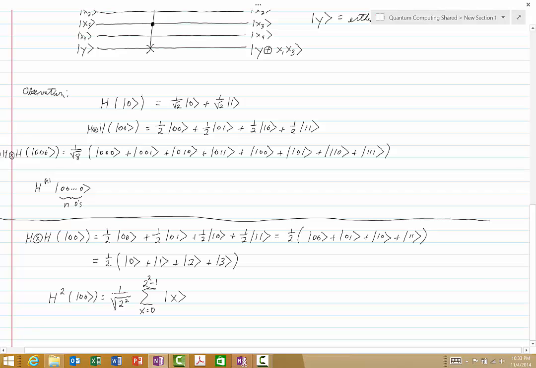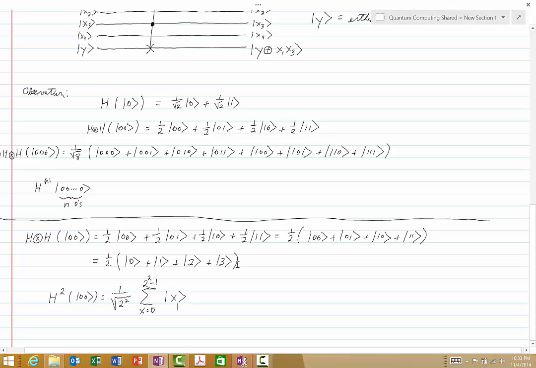Now you can clearly see that this is correct, because 2 squared, of course, is 4, and the square root of 4 is 2, so this would give us a 1/2 out here, which matches this 1/2, and then this sum would run from 0 up to 4 minus 1 is 3, so we would get 0 and 1 and 2 and 3, which we have here.